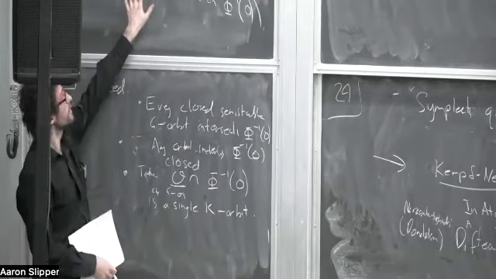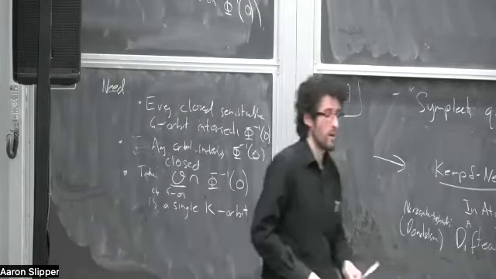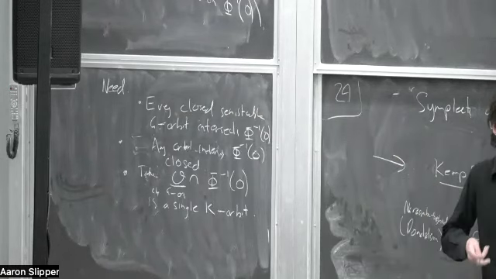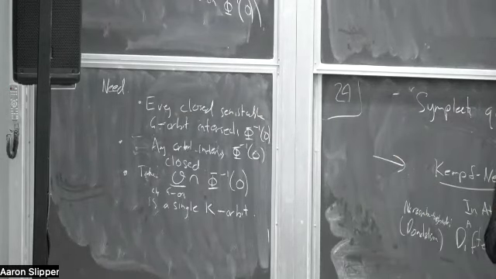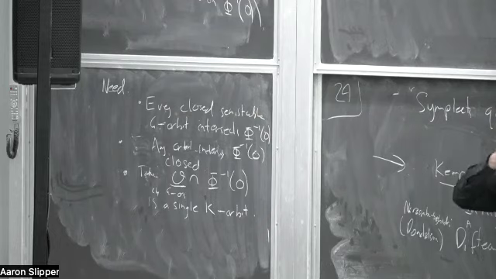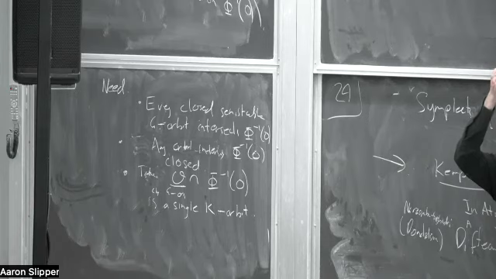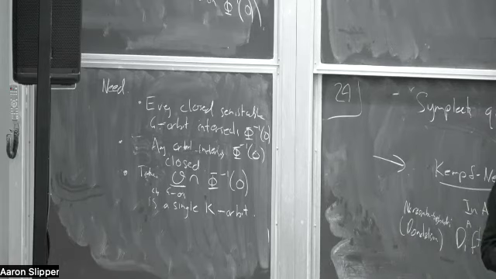Okay, so what do we do at this point? What we do is we basically look at the flow along the Kempf-Ness function, and we look at the flow within a given orbit. And we want to show that there's a unique minimum in the closure of that orbit. How we do that is we just take a minimizing sequence, which is special in certain ways, and show that it has a limit.